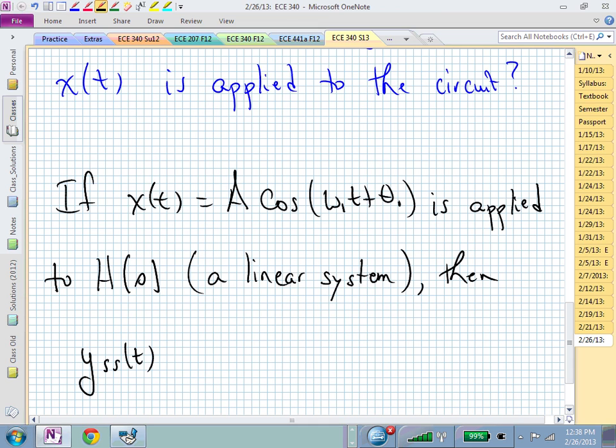Can you write that down now in terms of the waveform x and the transfer function h?